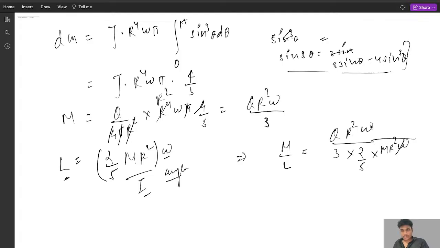Understand? Omega and omega cancel out each other, and r square cancels out. From here we get 5 by 3 times 2 into q by m, right? Do you understand this? So our m by L is equal to 5 by 6 times q by m.